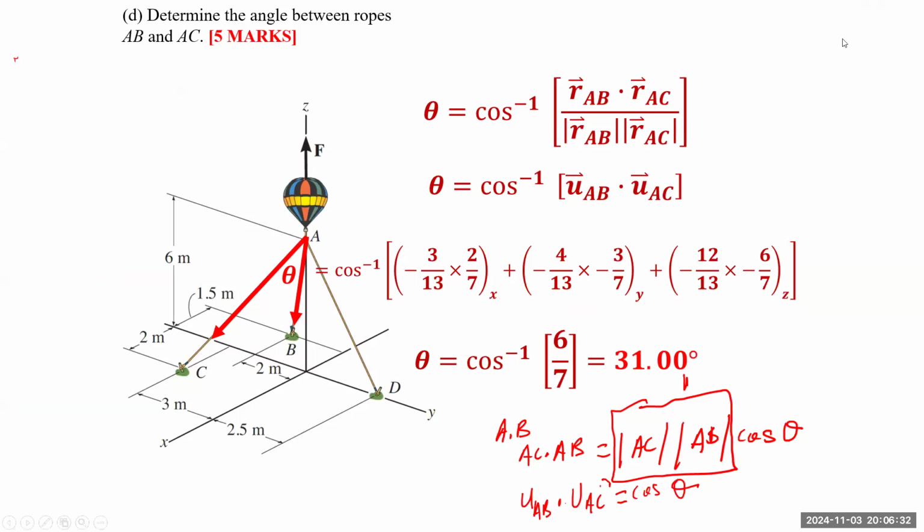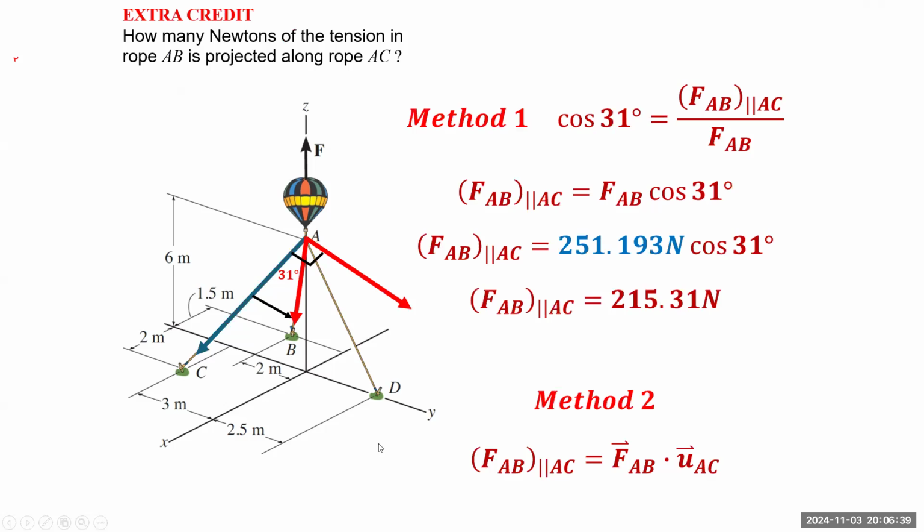After you have done that, because you need the angle to do the projection, once you get the angle, you're going to do the projection. So you get the angle, which is 31. So FAB parallel to AC is the same thing as FAB times the cos of the angle, because AB is projected onto AC.